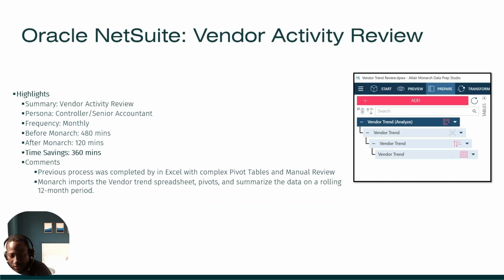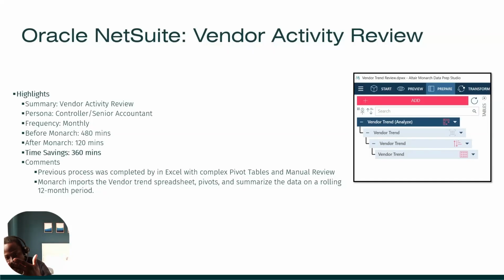Okay, and then the last one here, a very simple trend analysis. This is with Oracle NetSuite, and we were doing some work with a senior accountant there. What they wanted to do was very simple. They would get a vendor trend, so they would download this spreadsheet out of Oracle NetSuite, and they just wanted to trend the data.